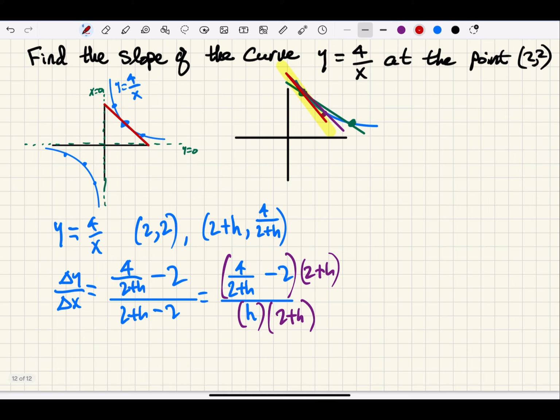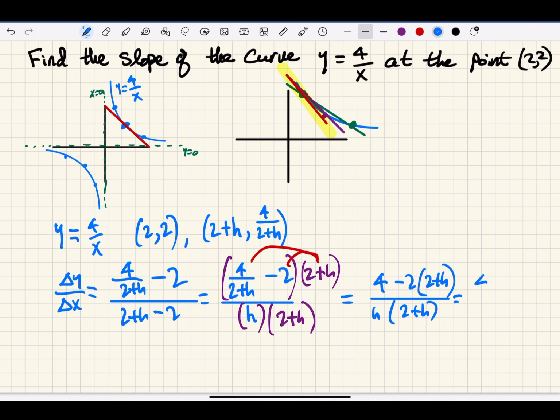Now what will happen, we will distribute over these 2 terms in the top, and in the first term, the 2 plus h would cancel, so we would have 4 minus 2 times 2 plus h when we distribute. And then in the denominator, we would have h times 2 plus h, which would give us 4 minus 2h over h times 2 plus h.